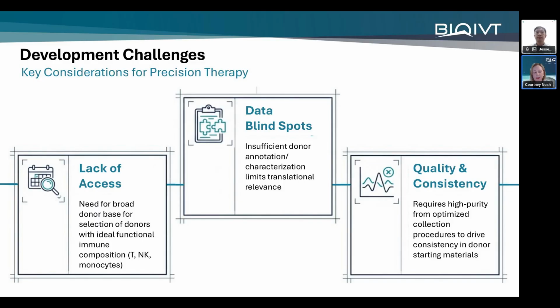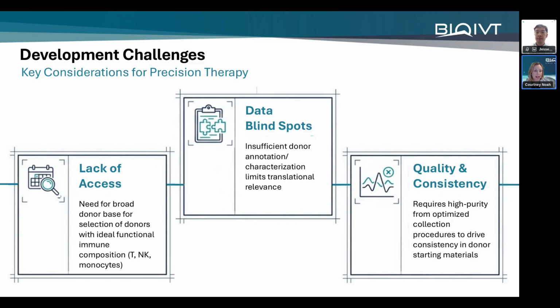Like I said, then you become dependent just on availability. The second, and I think this is really critical, is those data blind spots. Most donor materials can be under-characterized, and if you don't have that HLA typing, you can have minimal functional data. And ultimately what that leads to is difficulty in interpreting your results.